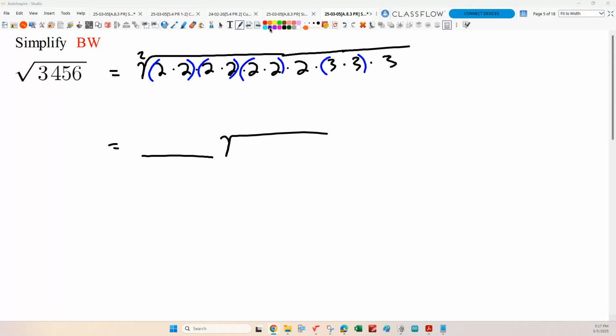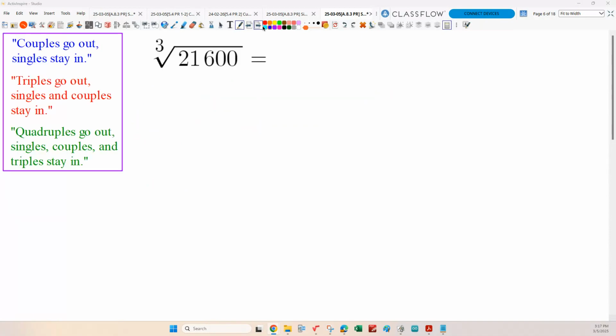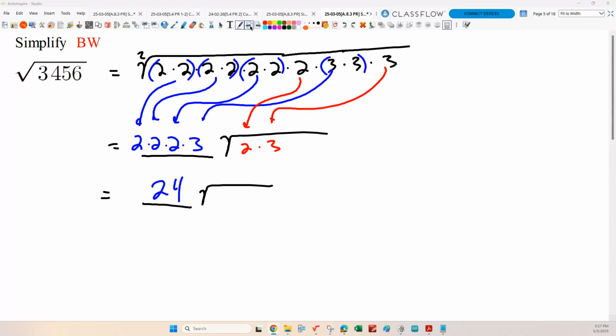Well, all these couples become outside numbers, 2 times 2 times 2 times 3, and the singles become the inside numbers, and we got it, right? So those multiply to 24, and the inside numbers multiply to 6. And we got it, right?